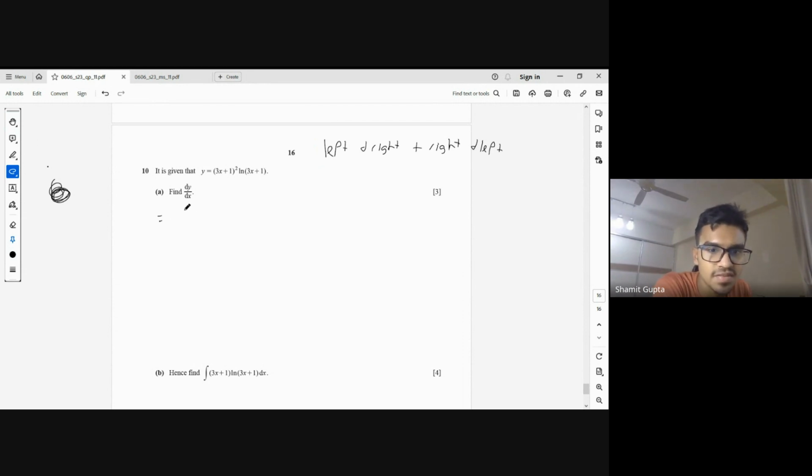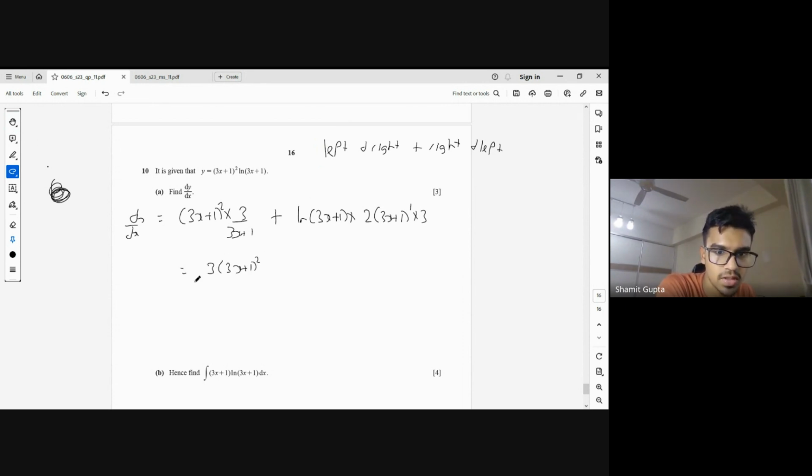So left is (3x + 1)^2. D right will be the derivative of the right term, ln(3x + 1), which is 1 over 3x + 1 multiplied by the derivative of the inside, 3, so 3 over 3x + 1. Plus right, which is ln(3x + 1), multiplied with the derivative of the left term, which is 2 times (3x + 1) to the power 1 times 3 because of the chain rule of the inside.